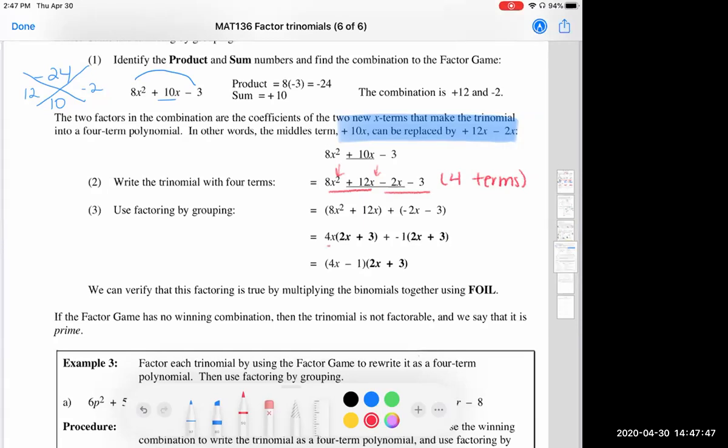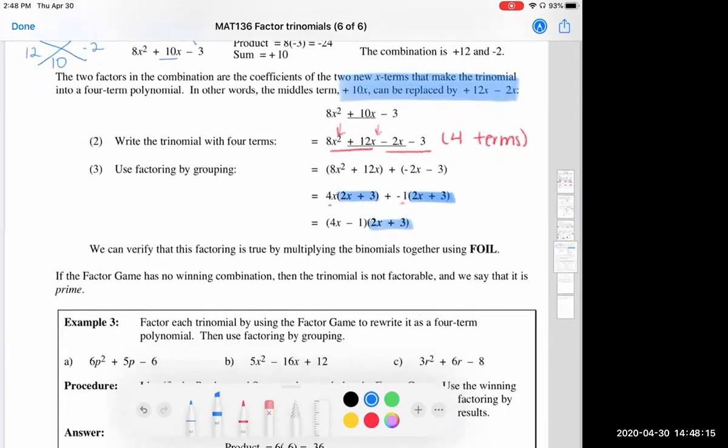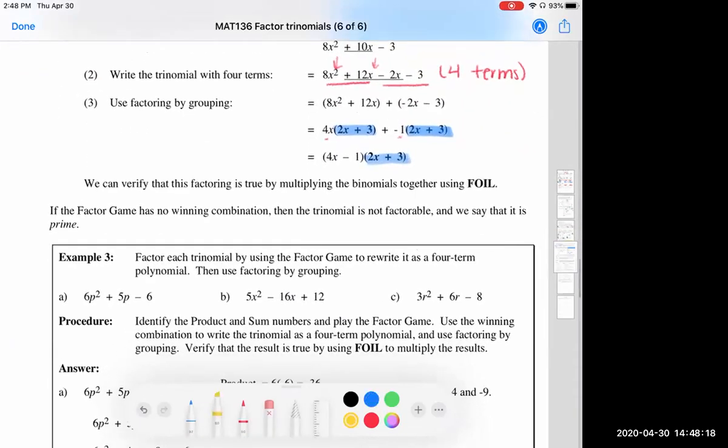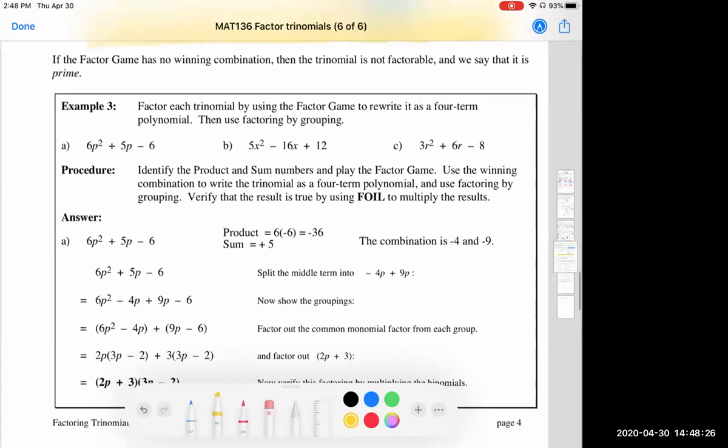On my last two, I want to factor out a negative, so it'd be negative 1. Your unwritten goal is to have the same thing in the parentheses. You want the same thing in both parentheses, so that we can factor out the 2x plus 3 and write it as 2x plus 3 times 4x minus 1. If you're ever unsure, you can always verify your factoring by multiplying the binomials together. You should get back what you started with, and that's a way of checking your work.